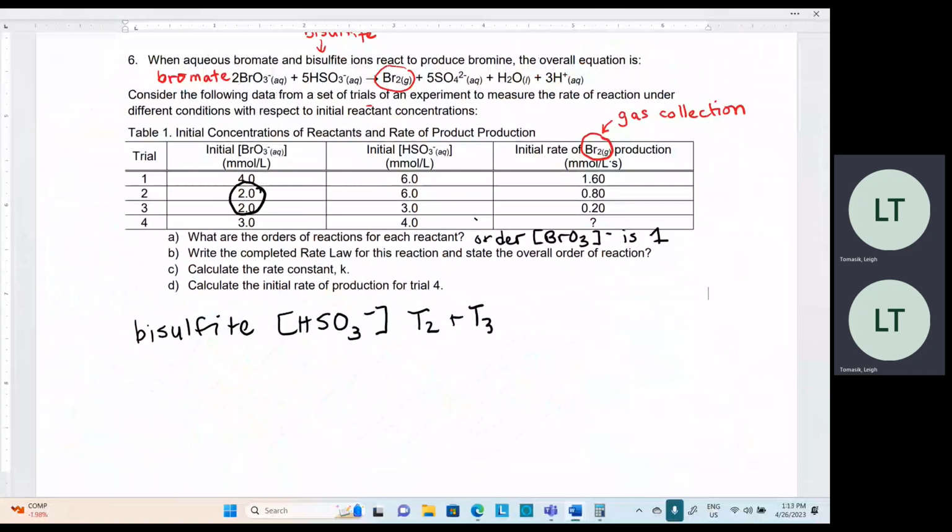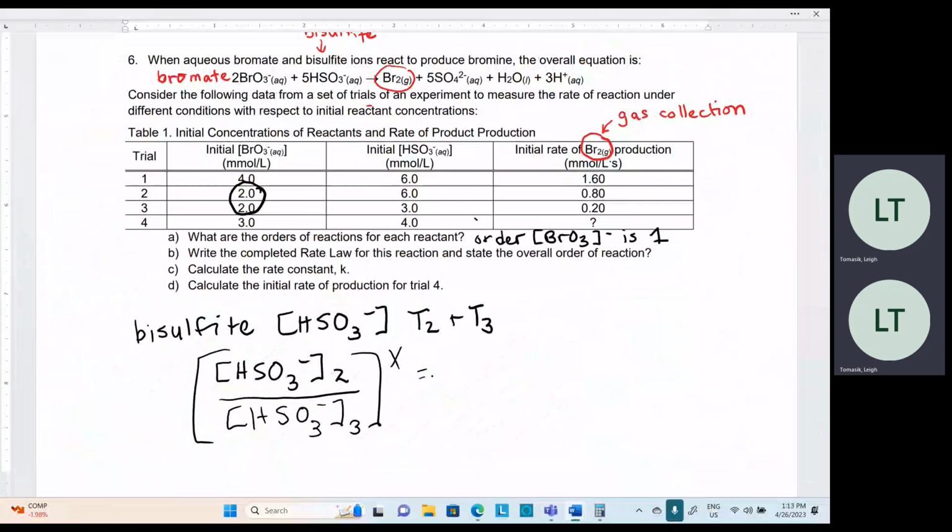So the concentration of HSO3 minus, what trial should we use as a numerator? 6 is higher than 3, so we use trial 2 over trial 3, to some exponent, equal to the rate in trial 2 over the rate in trial 3.